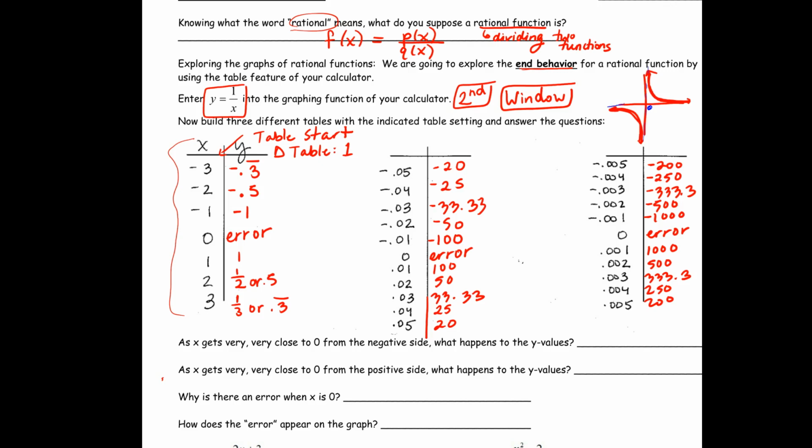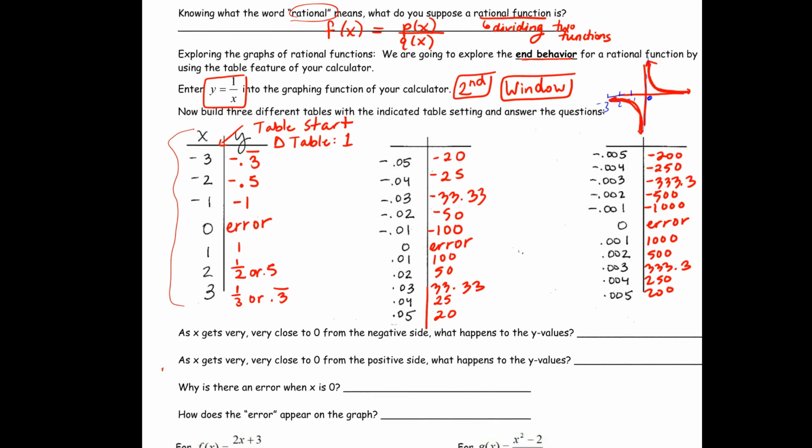So that was -1, this is -2, this is -3. And the question asks, as x gets very, very close to 0 from the negative side, these would be the types of numbers that are getting very, very close to 0. So I'm just showing this is the side that we are referencing right now.